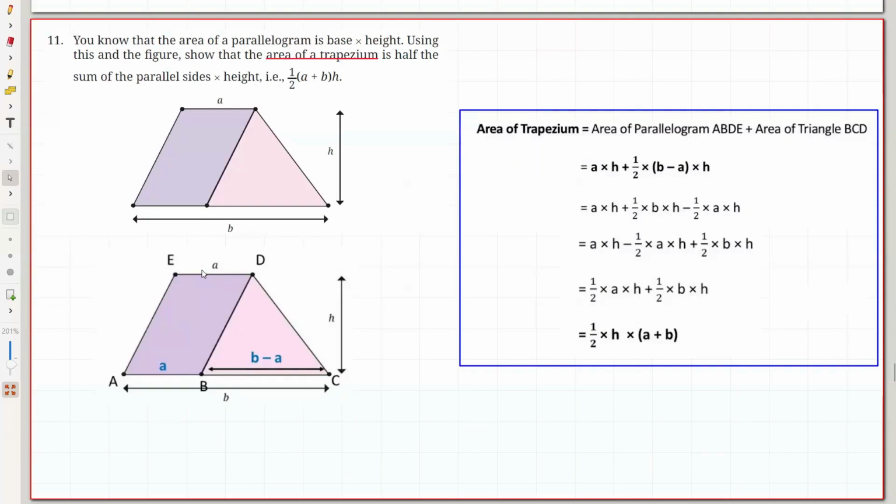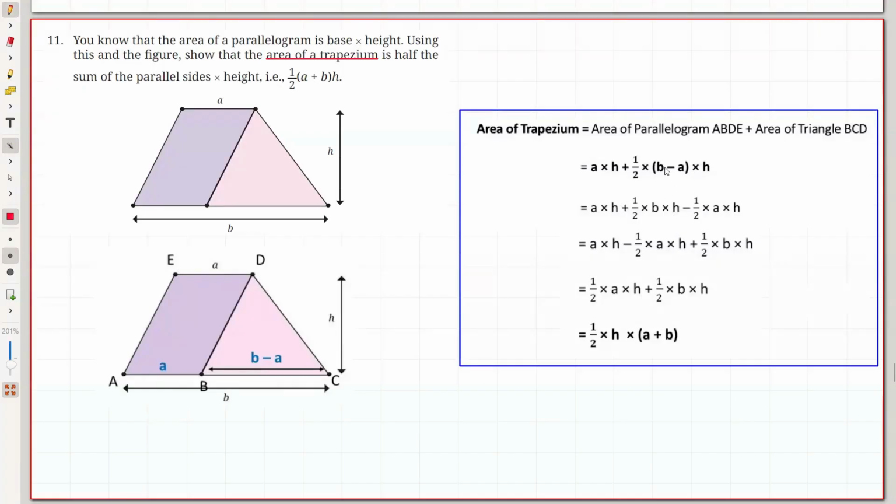Now come to the area of the parallelogram. The formula is base into height. So the base is a and the height is h. Then the area of the triangle is 1/2 into base into height, where the base is b minus a and the height is h.